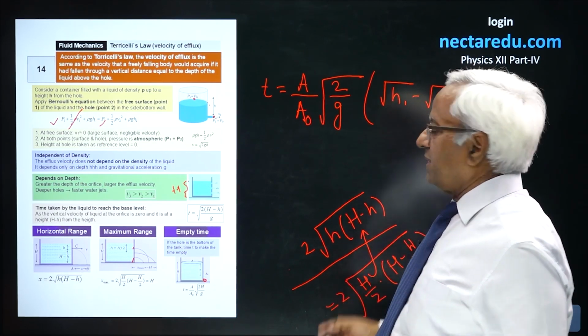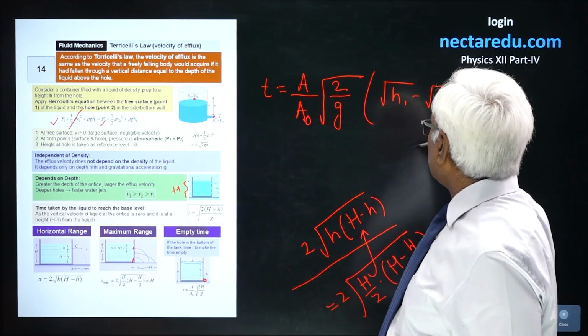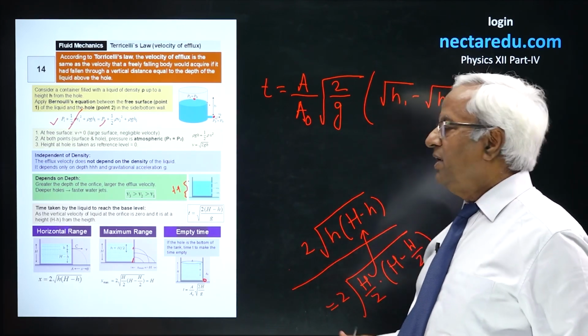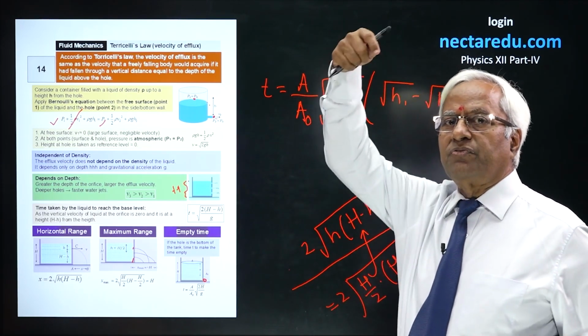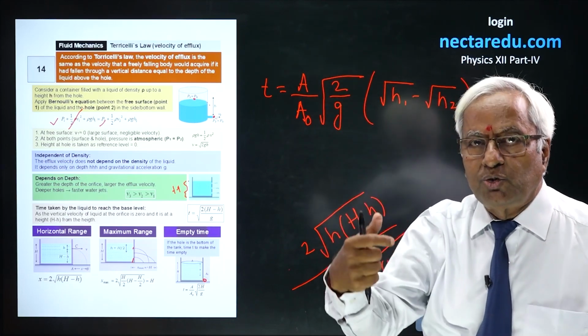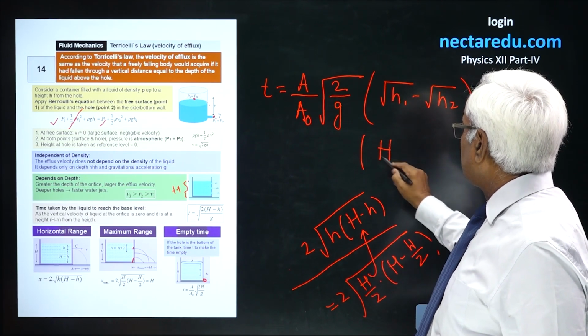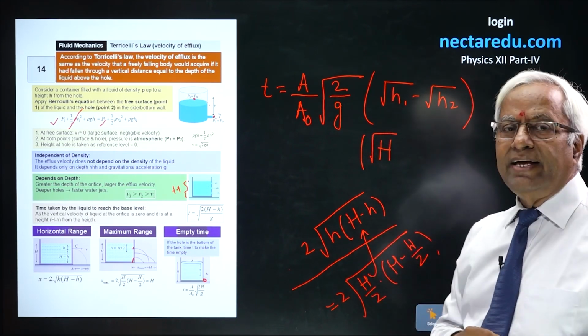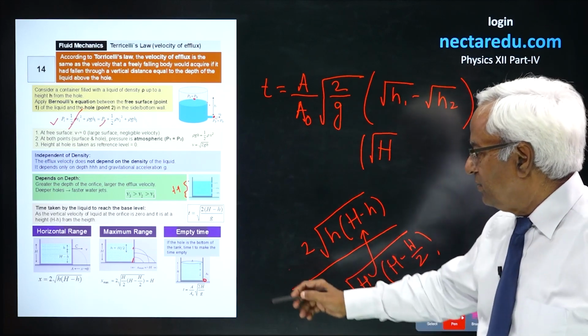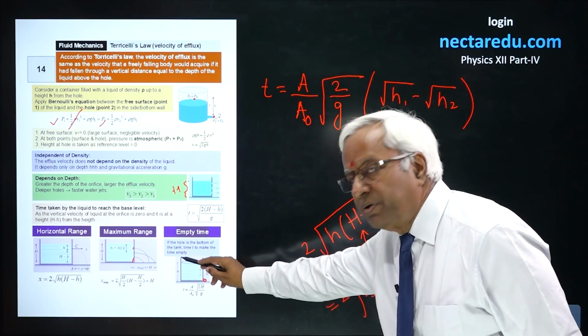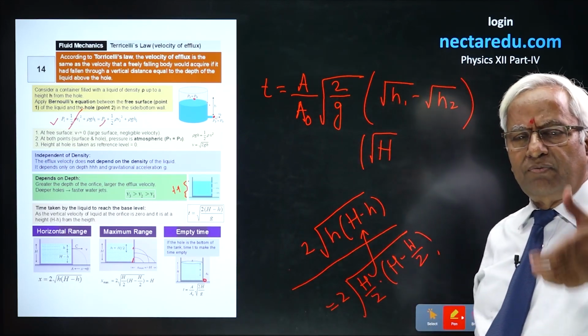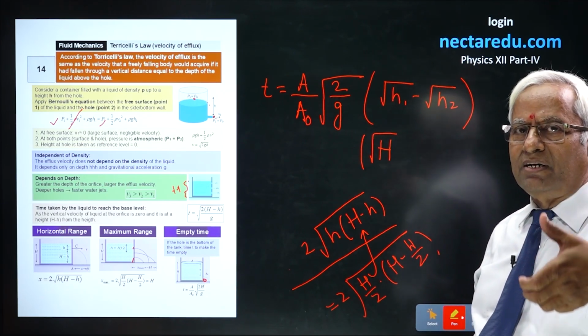It's not given on the text page, but this is the actual formula that's taken when the column reduces from H1 to H2. Suppose the initial height is H, this becomes root H. Initially the height was H, as it is shown over here, and you are interested in finally emptying the cylinder.